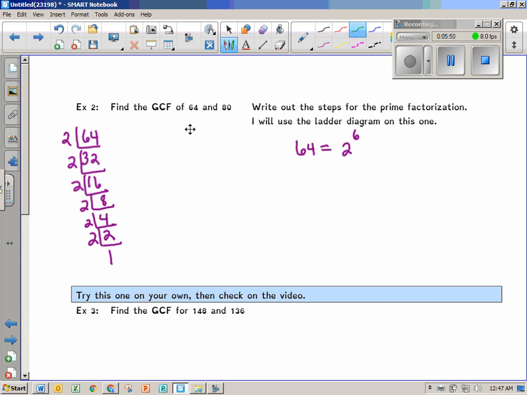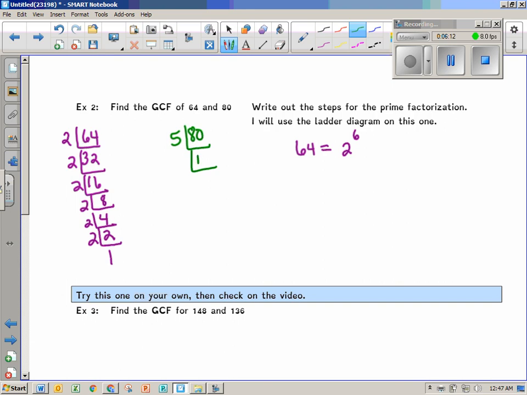And now let's do 80. Again, you can do the factor tree. I'm just trying to do another example using the other method. It's not really another method, it's just another way to write out the prime factorization. So I'm going to start off with 5 this time. I know 5 goes into 80 because it ends in 0.